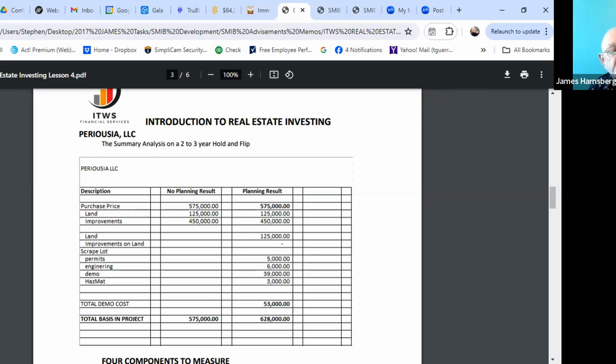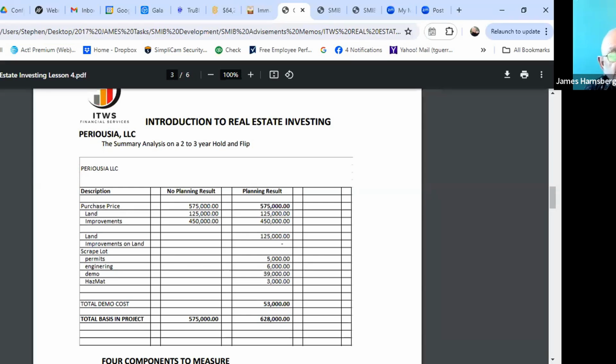But we went in and scraped the lot and knocked down all the buildings, did all the environmental clearance, and had a vacant lot with just dirt in a perfectly buildable lot. That investment and demo cost was about $53,000. So now we're into the property for $575,000 plus $53,000. So our basis is $628,000. That's what we've got in the deal.